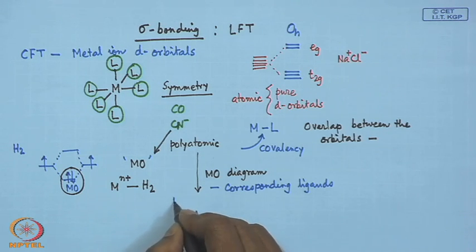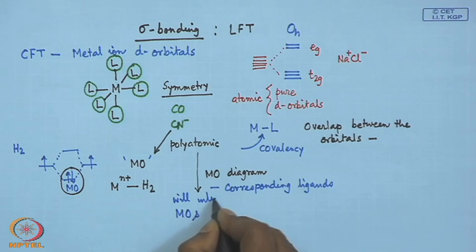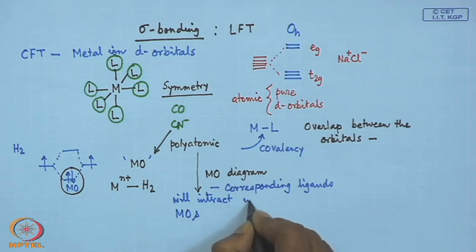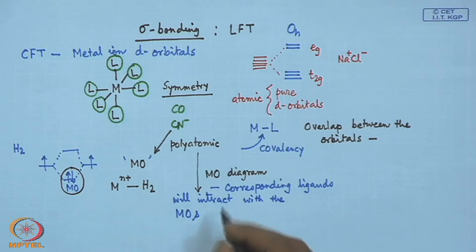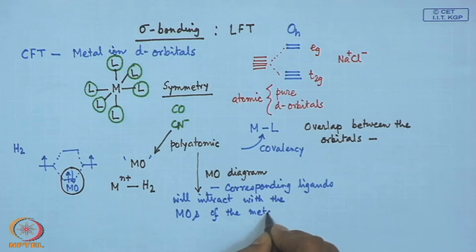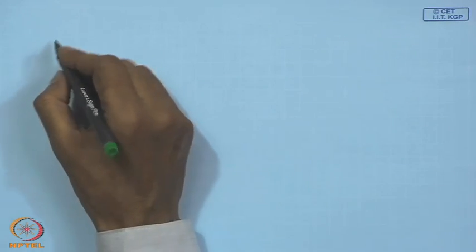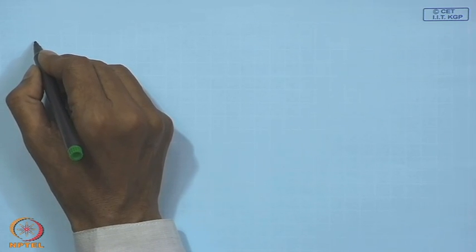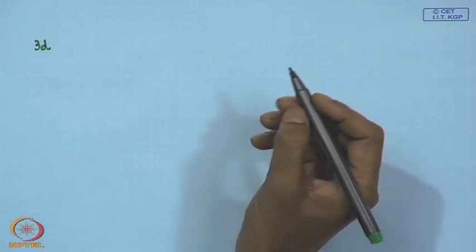So, they will interact with the molecular orbitals of the metal ion. The metal ion should also provide some molecular orbitals instead of the typical atomic orbitals like the pure d orbitals. So, we should now have the corresponding molecular orbitals from the metal side. While talking about crystal field theory, we have the 3d orbitals.